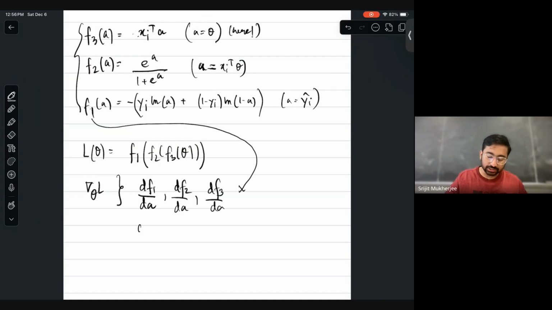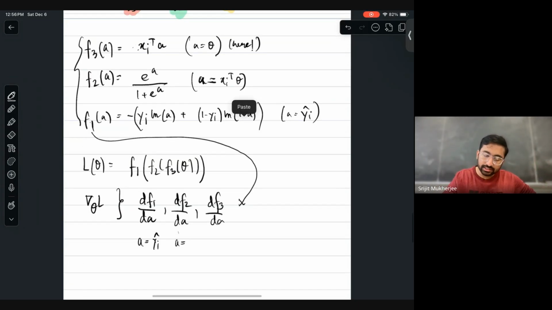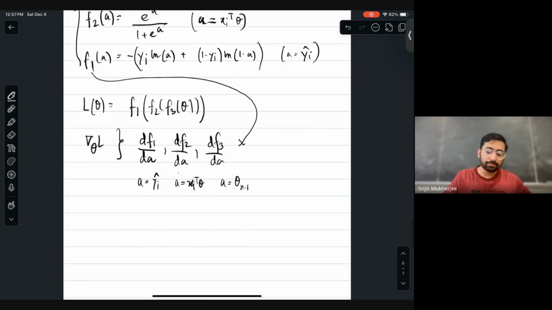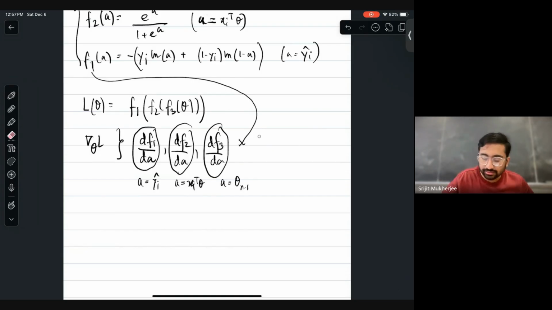In one case a should be yi hat, where it's evaluated, in another evaluated at xi transpose a, and in this case at theta, or rather theta n minus 1, whatever the theta value is. So this entire loss depends just on derivatives of these three easy functions, because it's a composition of easy functions.